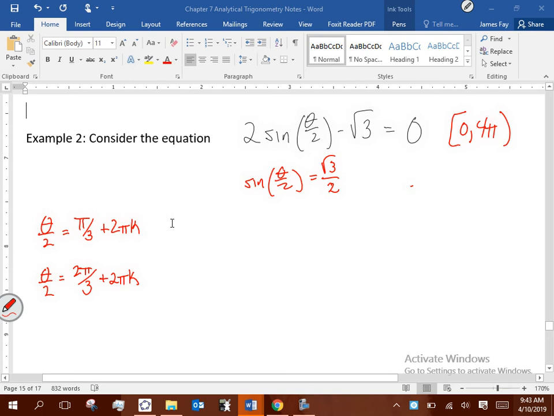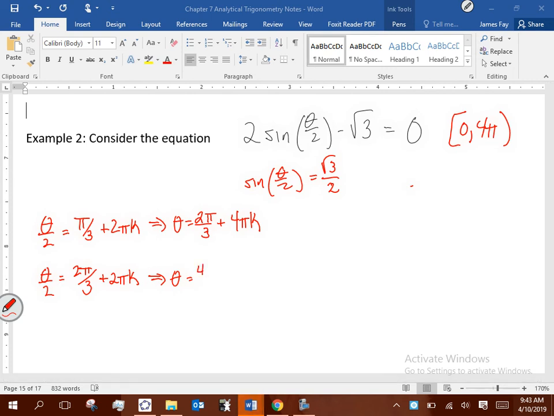Now, just like the last one, you're going to solve for theta by multiplying both sides by what in this case? 2, right? So you can now get 2 pi over 3 plus 4 pi k. This one here gives me 4 pi over 3 plus 4 pi k.